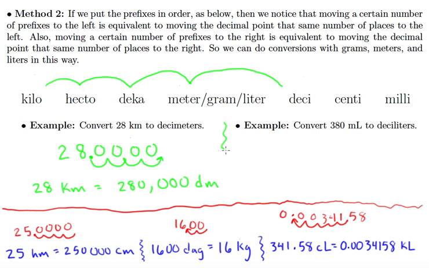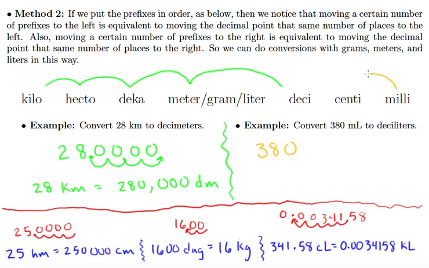All right, now in this last example here, we want to convert 380 milliliters to deciliters. Just grab a new color here. I'll go ahead and grab yellow. So we have 380 milliliters, okay? And we want to go to deciliters. So milli is all the way on the right.